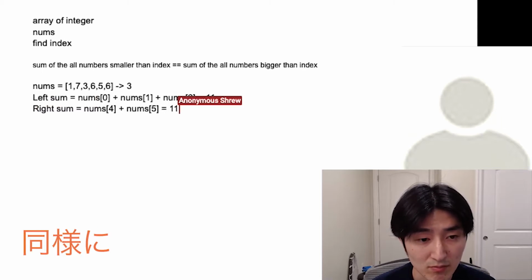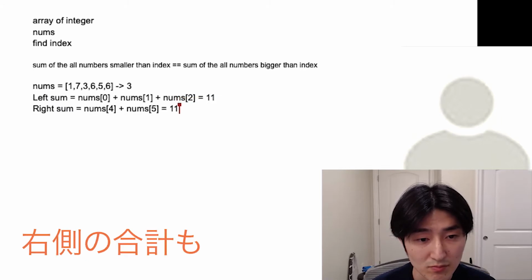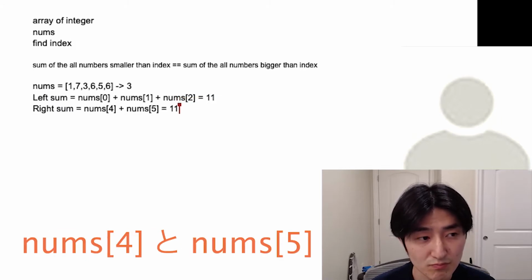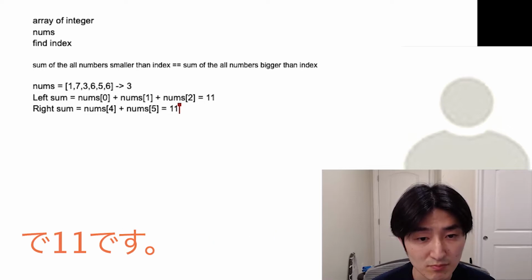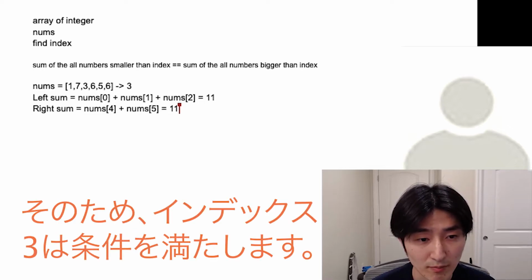At the same time, the right sum of the numbers 4 and 5 is going to be 11. So index 3 satisfies this condition.